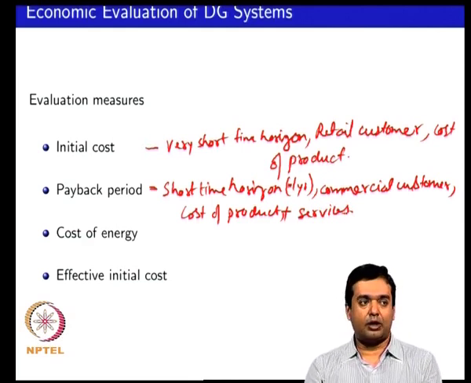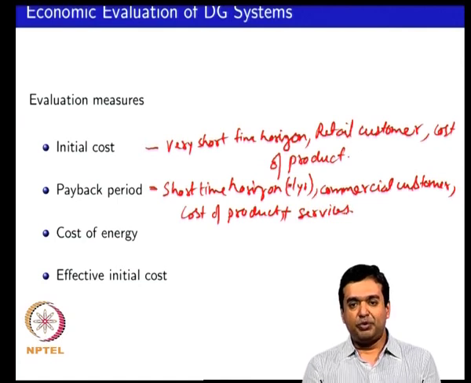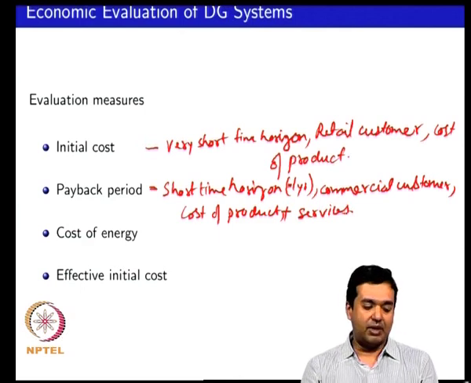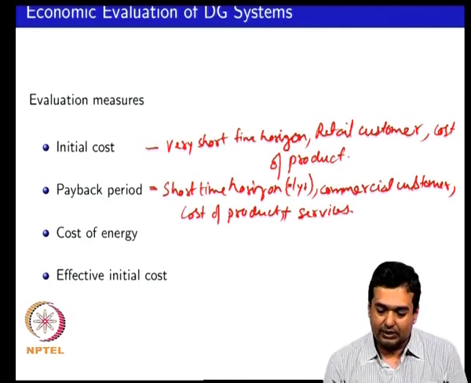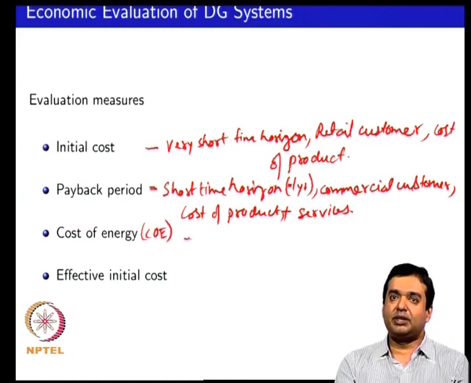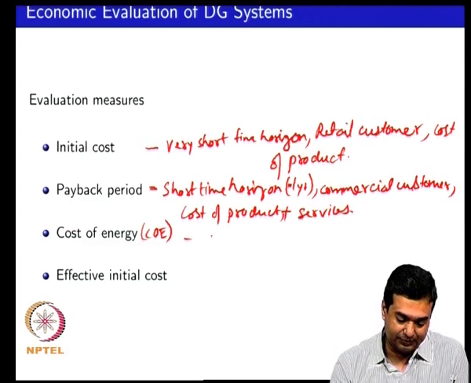Okay. What would be the rupees per kilowatt hour of electrical energy that is being output by such a system, and people look at COE, cost of energy, and you are looking in this particular case at a very long time frame.